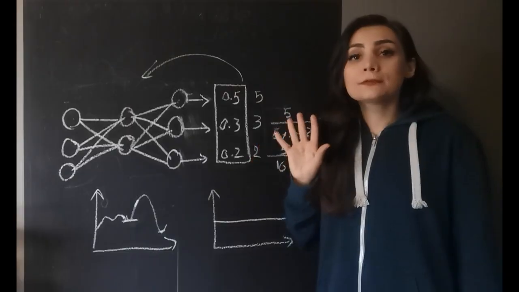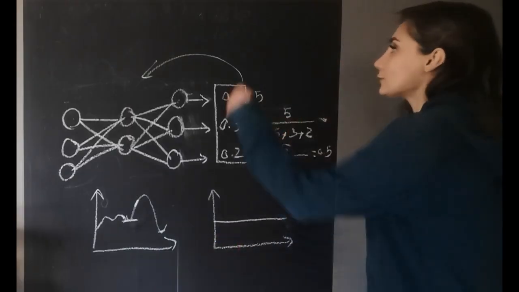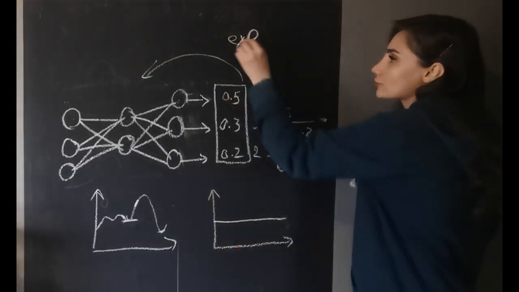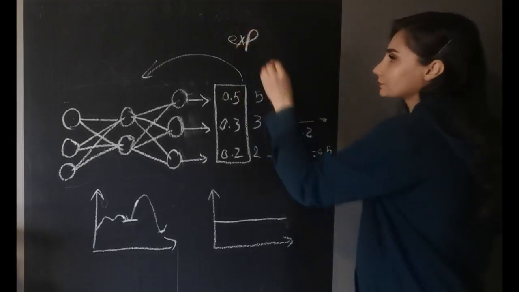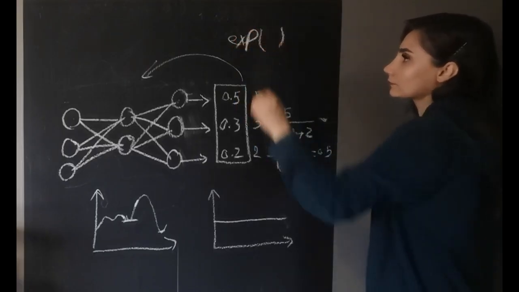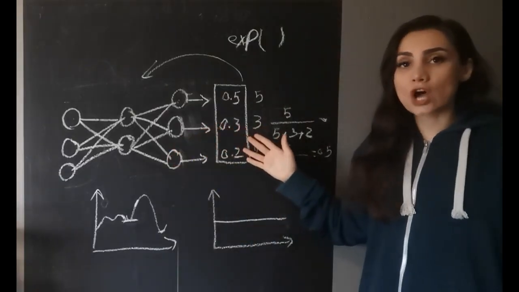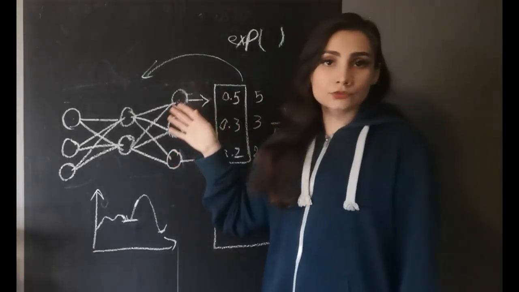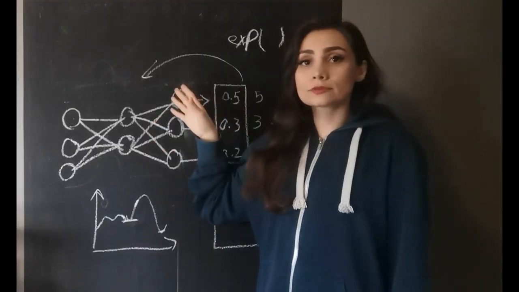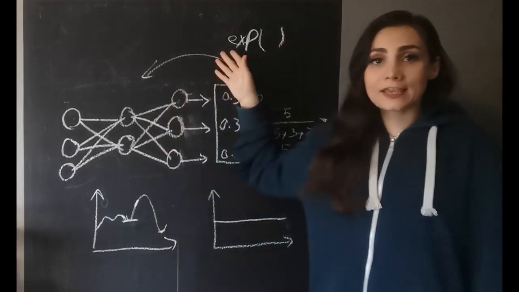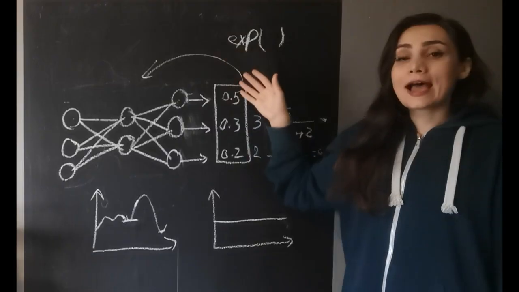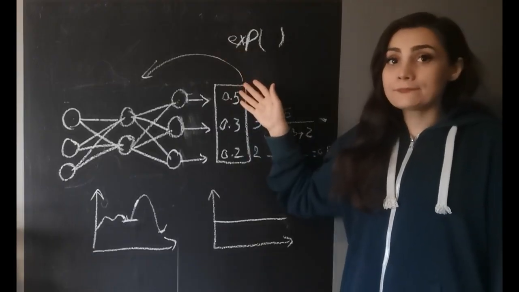But how we fix this problem is we use exponential. We are using exponential to calculate Softmax. I'm not going through the formula for it, but know that we have exponential both at the top and the bottom, okay?